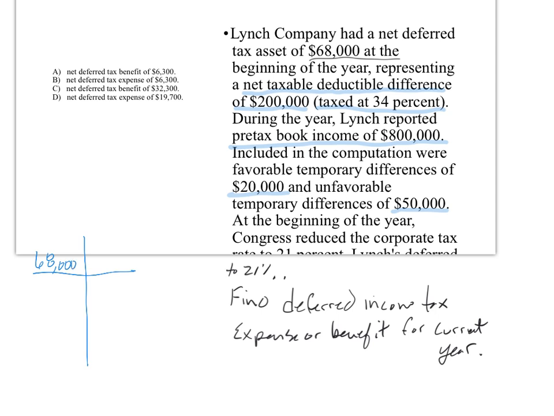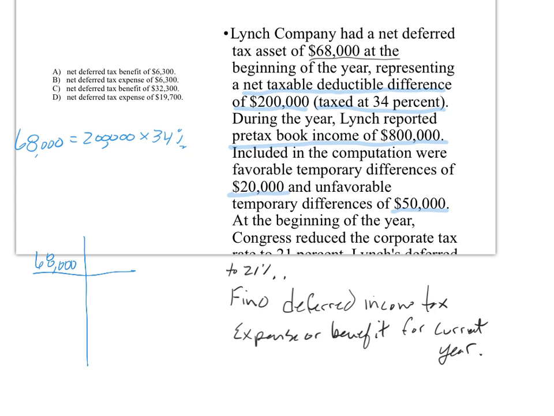And where does that $68,000 come from? That $68,000 is equal to $200,000, our net taxable deductible difference, times 34%. So that gives us our $68,000 starting balance for our deferred tax asset at the beginning of the year.